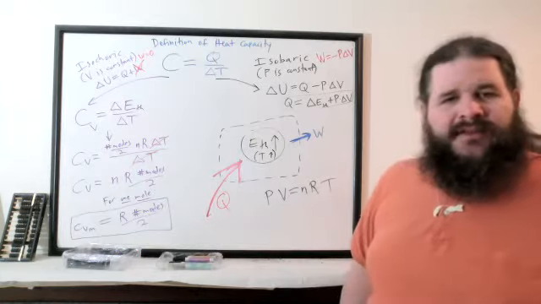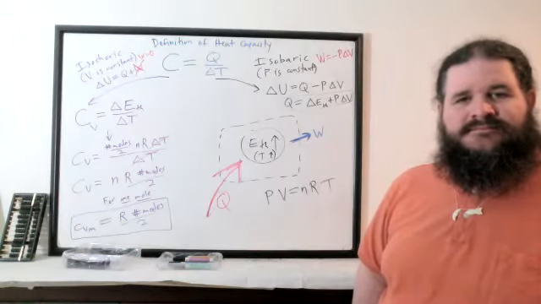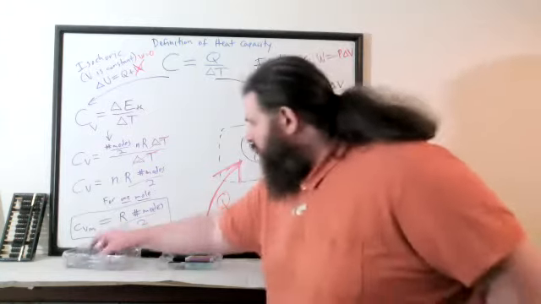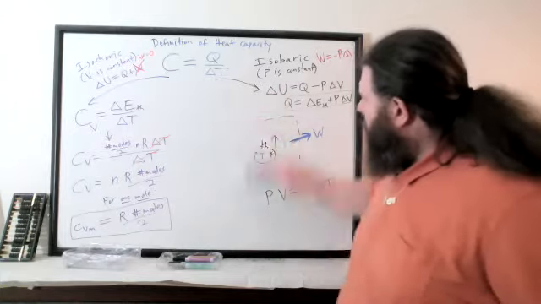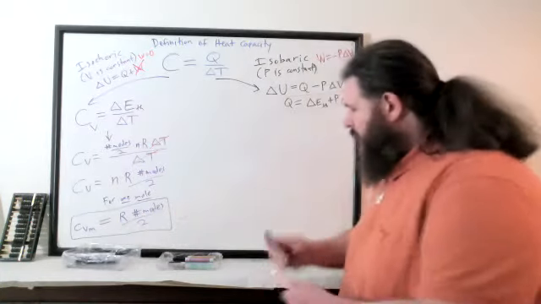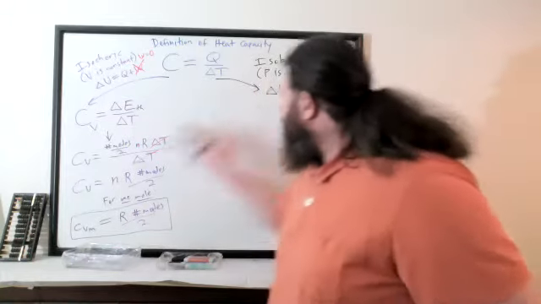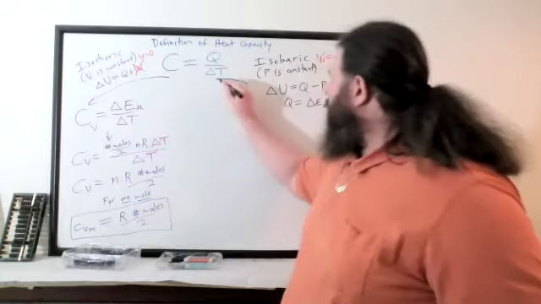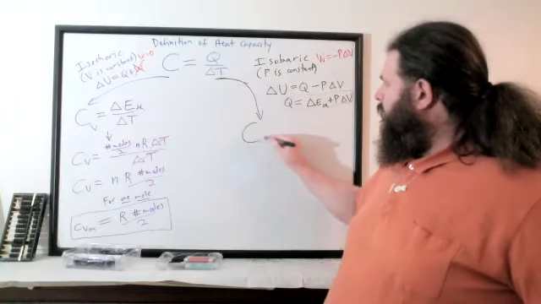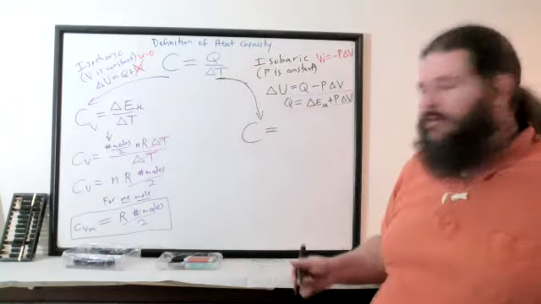Any questions on that conceptually so far? Then let's see if we can work this out algebraically as well and get an actual formula for constant pressure heat capacity. If we make this substitution, again, going back to the definition of heat capacity, heat capacity is Q over change in temperature.